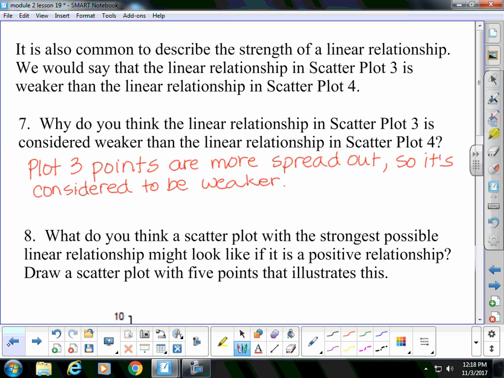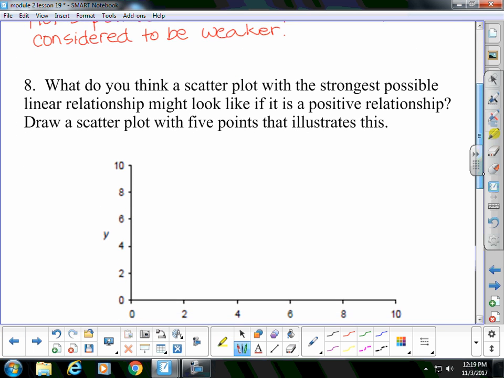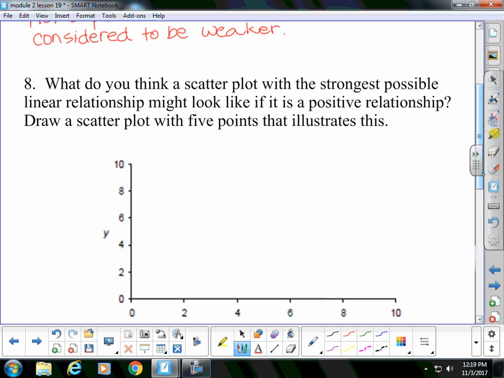Okay, what do you think the scatter plot with the strongest possible linear relationship might look like? And I kind of just answered that question. The one that would be the strongest, and they asked us to make one with 5 points, is going to be one that makes a straight line. So if I were to draw my own with 5 points, being the strongest positive means going from left to right, it would look something like this.